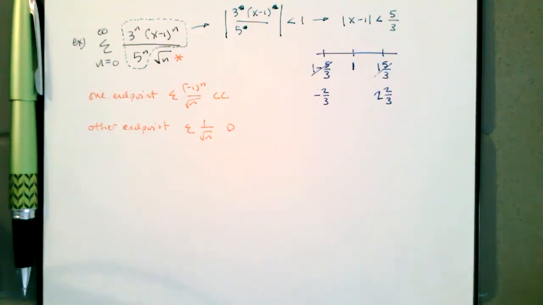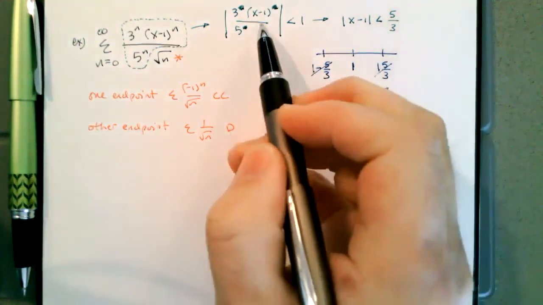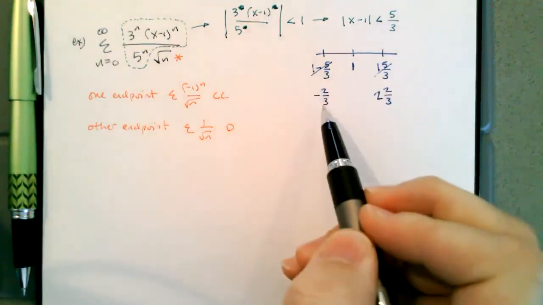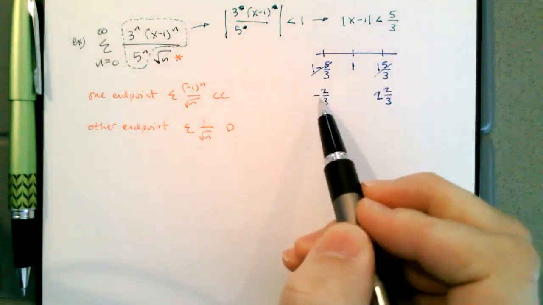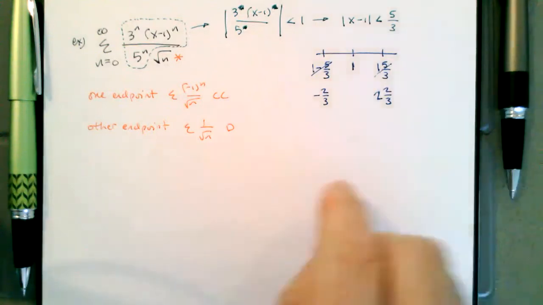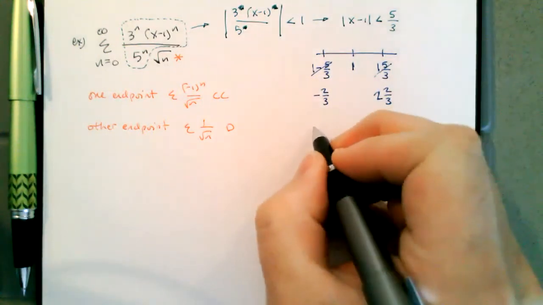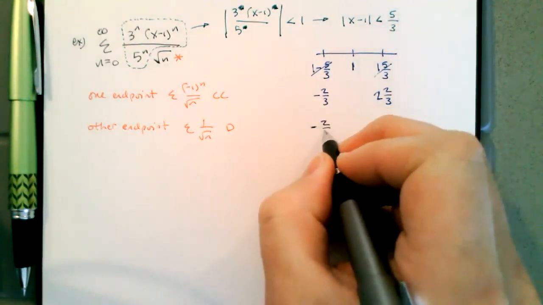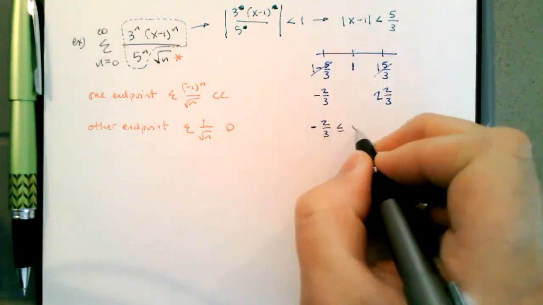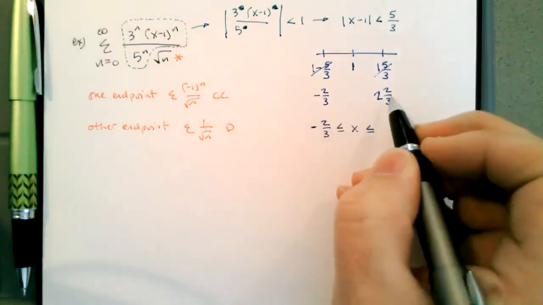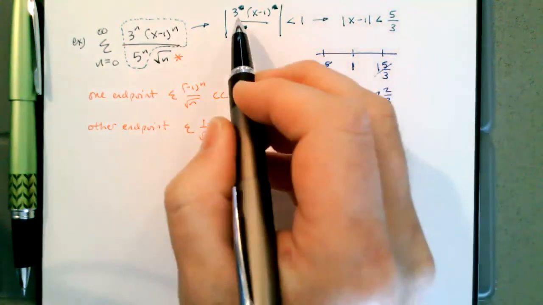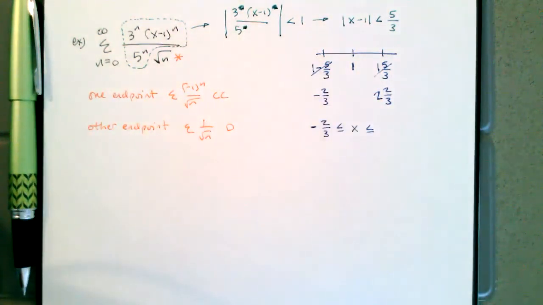The negative 2/3, when we subtract the 1, is going to give us the alternating side. So negative 2/3 is included. But the 2 2/3, when I multiply that by 3/5, I end up with a positive 1.